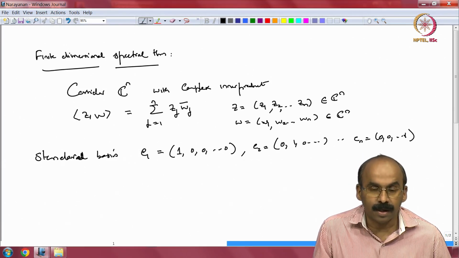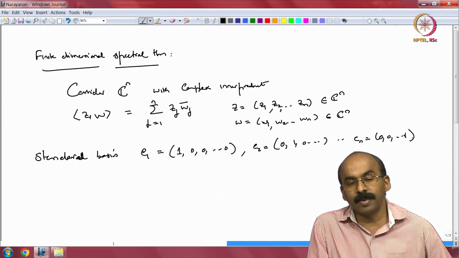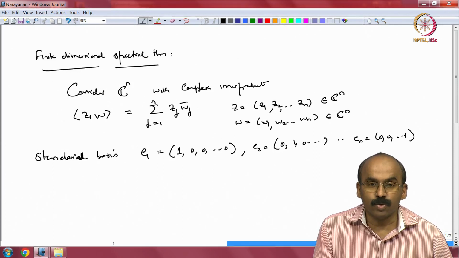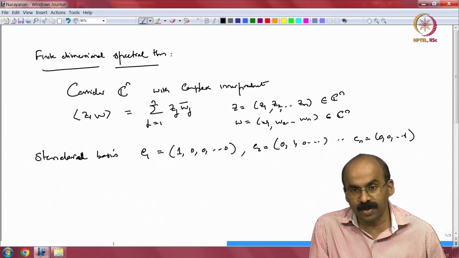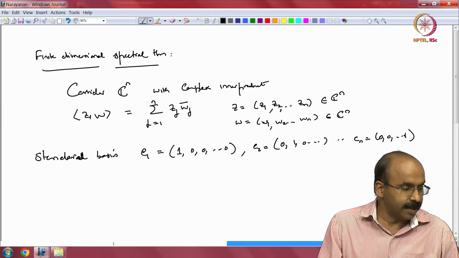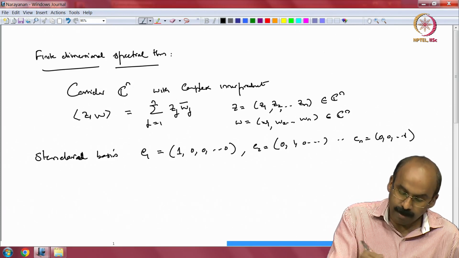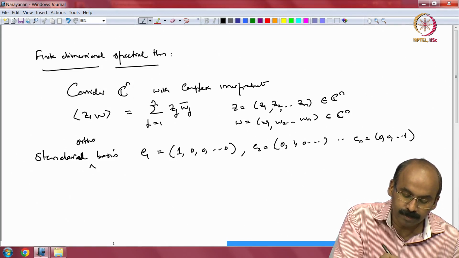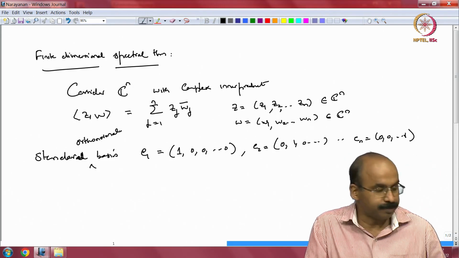So, the way you write a linear transformation with respect to a basis which gives you a matrix form is you apply the linear transformation to basis vectors and put them as columns, right. So, remember that standard basis, this is also an orthonormal basis, right.